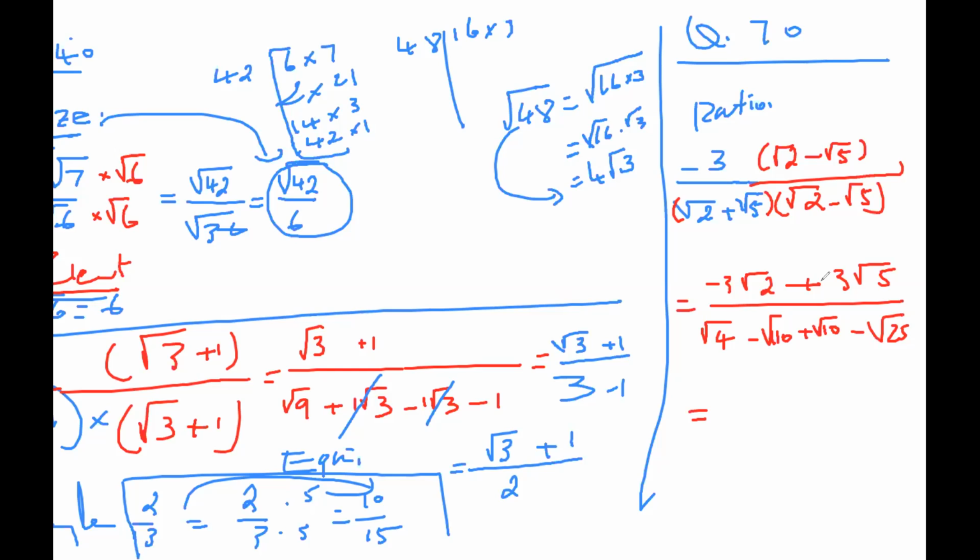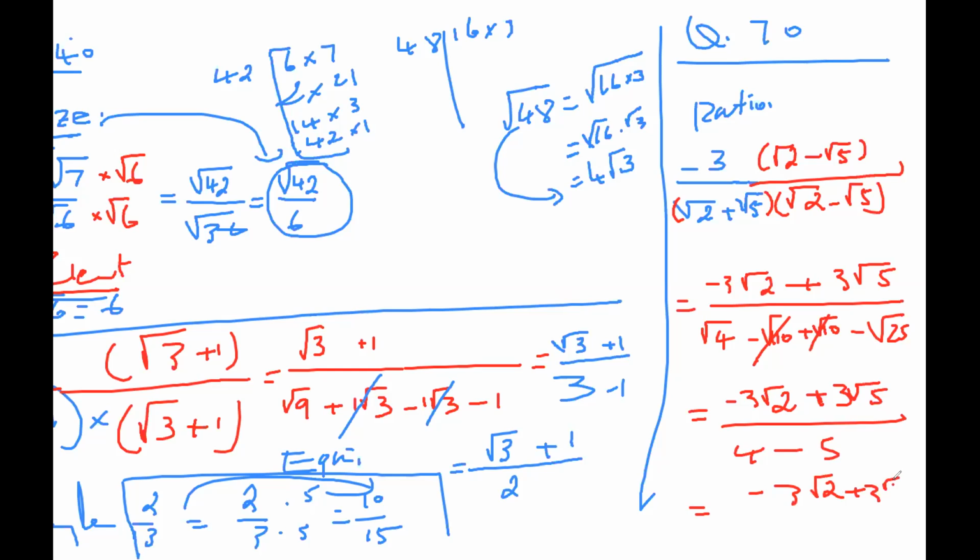Then simplify. Can we add these two at the top? We can't add them because the radicals are different. Here, these two cancel out, so we have 4 minus 5 left. This is -1. Okay, so -3 radical 2 plus 3 radical 5 over -1.